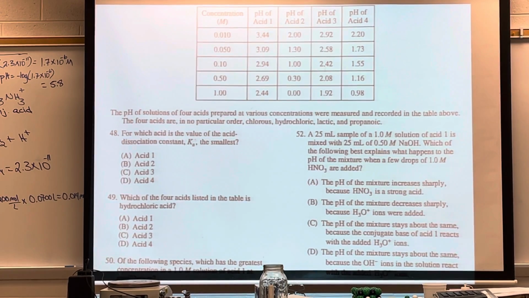Looking at this, for which acid is the value of the acid dissociation constant Ka the smallest? Anastasia, what did you put for that one? B, acid 2. Okay, why did you put acid 2?